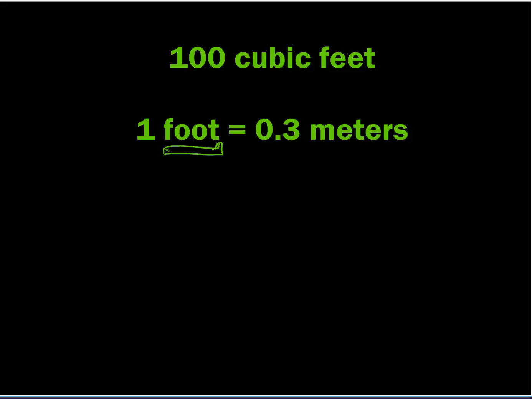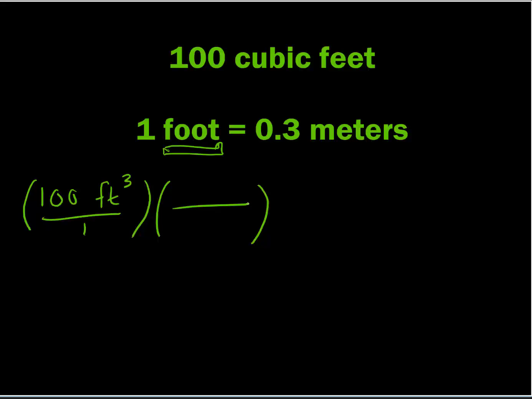So let's go ahead and start out. We have 100 cubic feet. I'm going to write that as feet to the power of 3, and I'm going to put that over 1. And now we're going to go with our conversion factor between feet and meters. So in 1 foot, we have 0.3 meters.